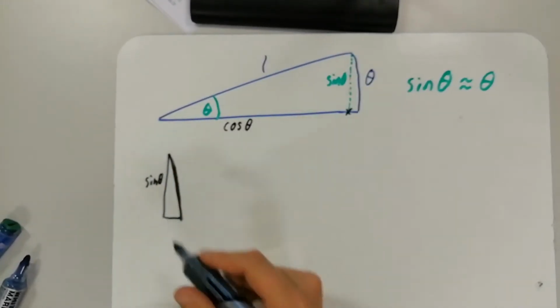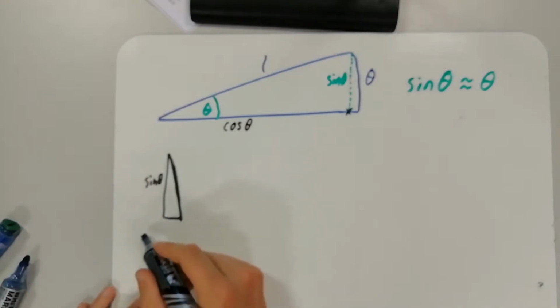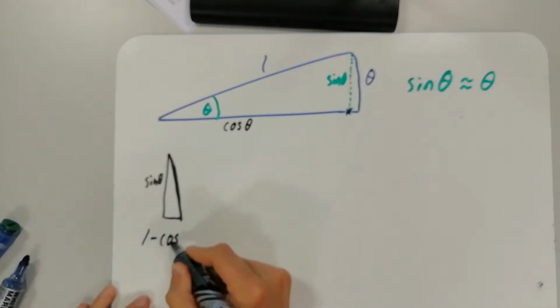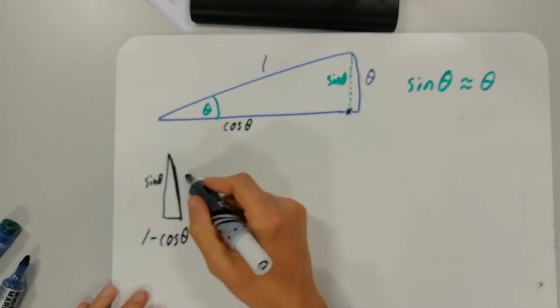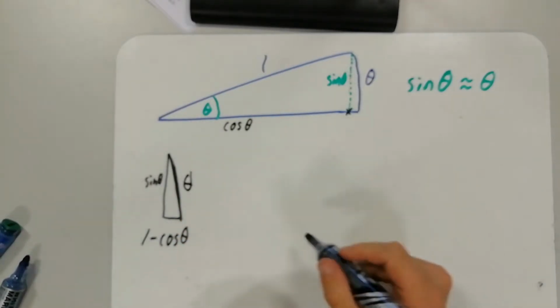So that length there is sine theta. This length along the bottom is 1 minus cos theta. And that arc length there is very well approximated by theta.